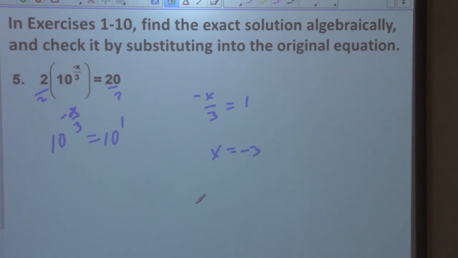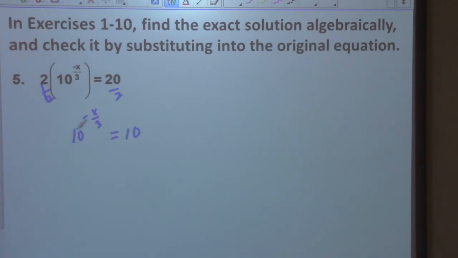Now, another thing you can do is this. You can divide by 2. So you have 10 to the power of negative x over 3 equals 10.